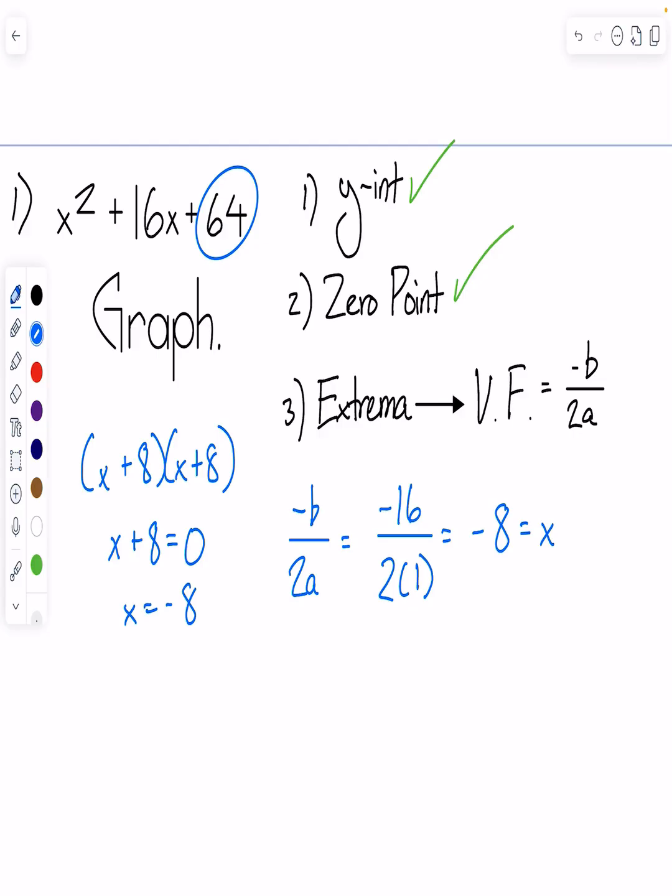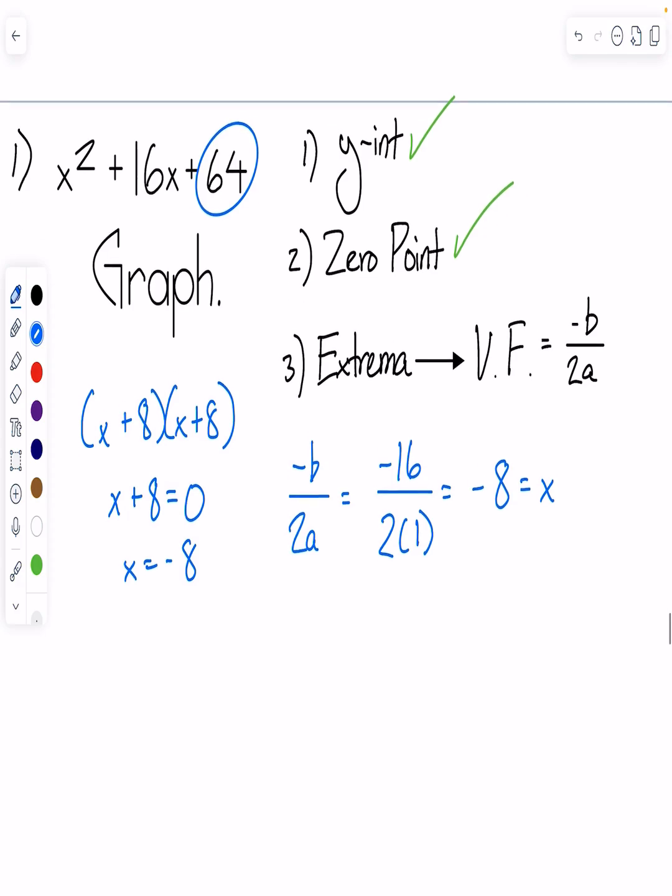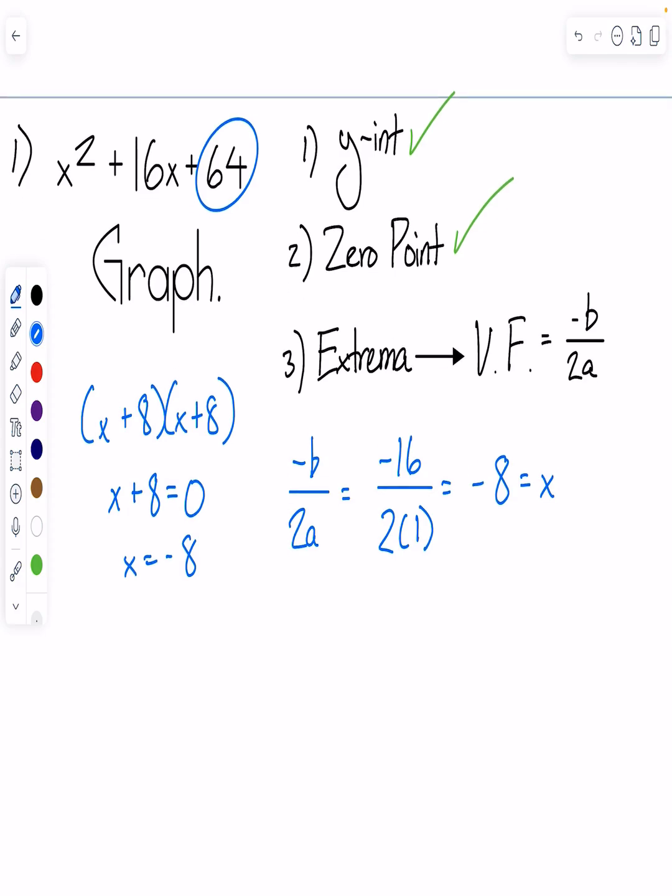And then if you want to define your corresponding y value for that, you would just plug in negative 8 back into your function to give you y. So in that case, I'd have negative 8 squared plus 16 times negative 8 plus 64, right?